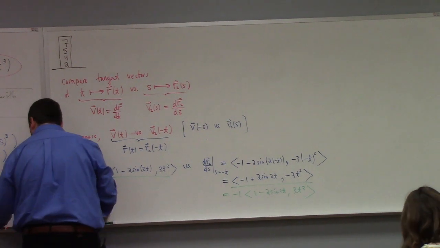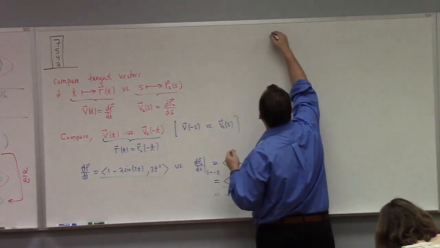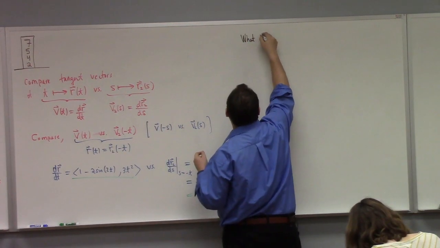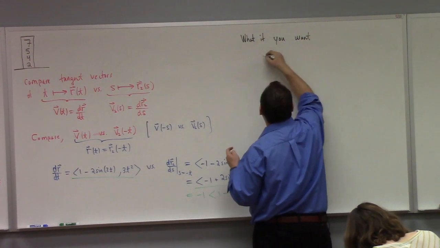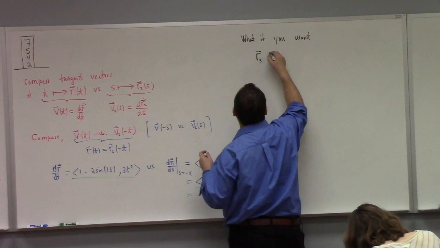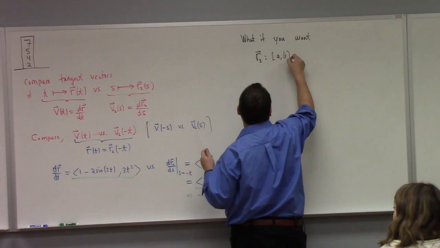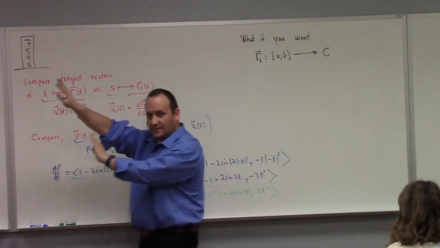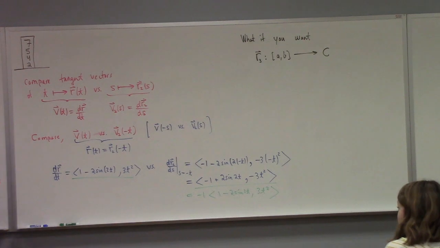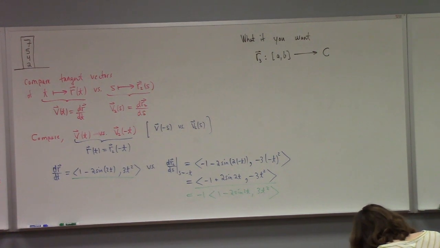So let me ask you guys a design question. What if you want r3 to be a mapping from [a, b] to the curve that I'm talking about? Let's go back to the abstract generic curve. Suppose I want to find an r3, which is also a parametrization of the reversal of the curve.